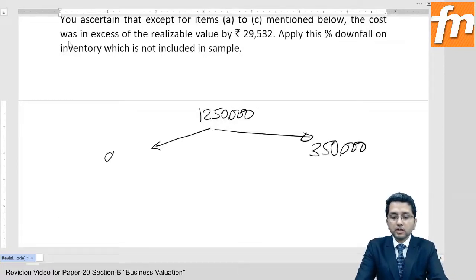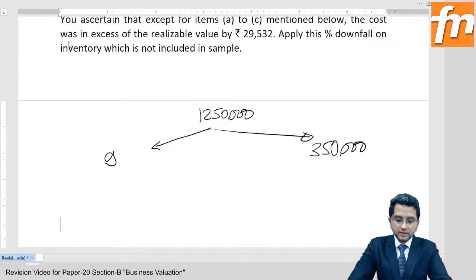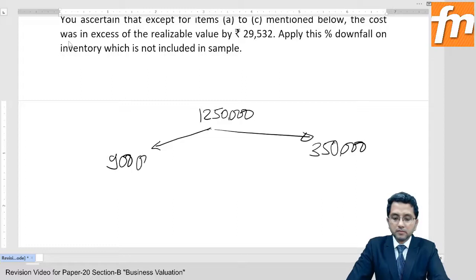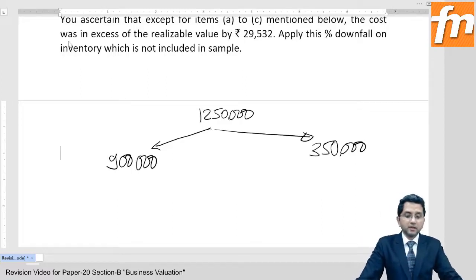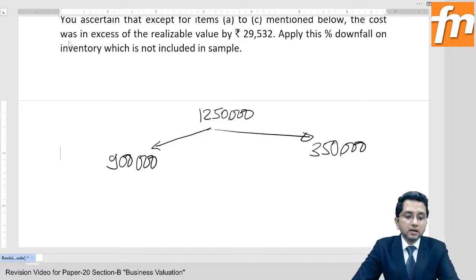So what is not included in this sample is 9 lakh rupees.